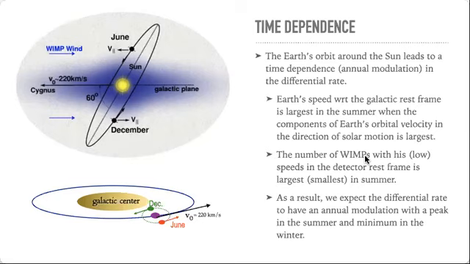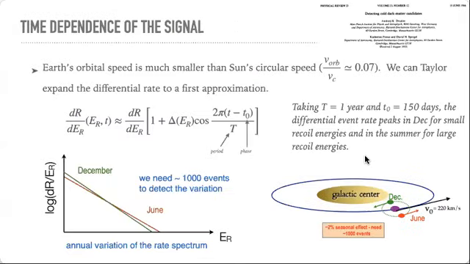And in December, we're going anti-parallel. As a result, we expect to have a fluctuation. If you are seeing a large signal, you would see a fluctuation in that signal. That's one tool that we can use to help distinguish this. Now, this is actually a very tiny fluctuation that you're trying to measure.